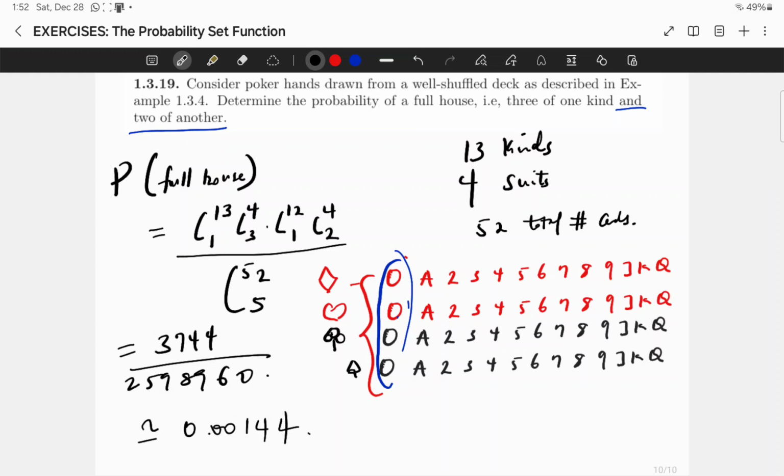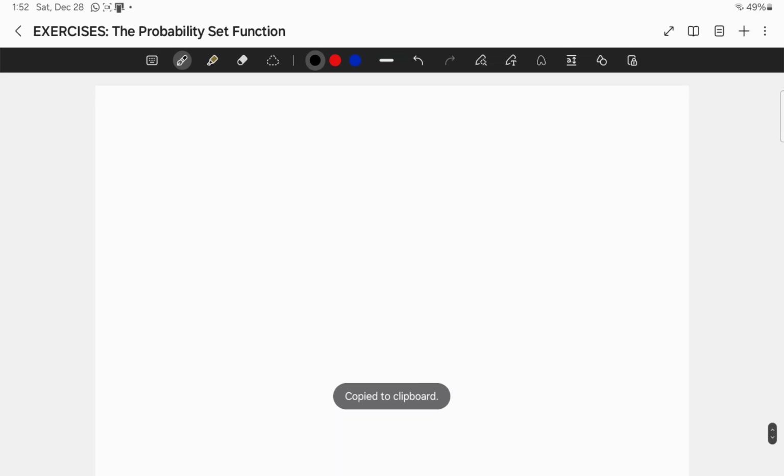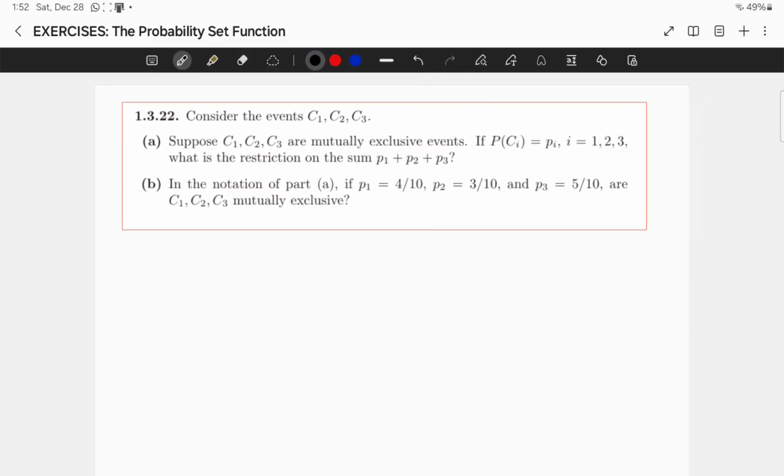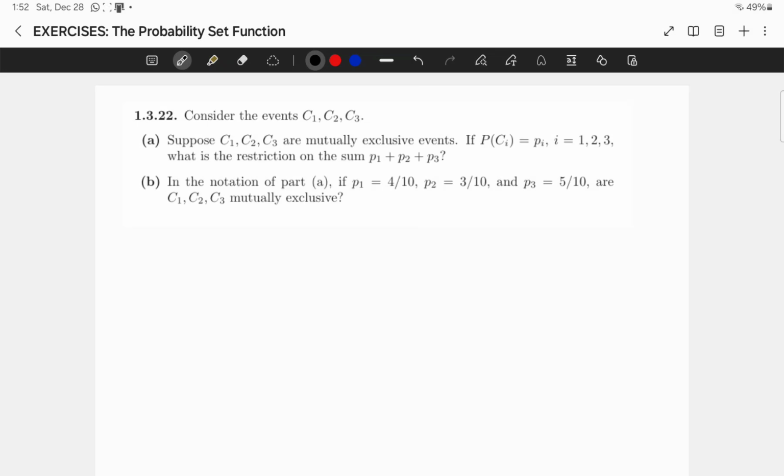So the next question that is interesting, question number 22, and that will be the last question we're going to check. Then in our next video we go to conditional probability. So consider the events C1, C2, C3, and suppose they are mutually exclusive events. That means that the intersection of any of these sets is empty.